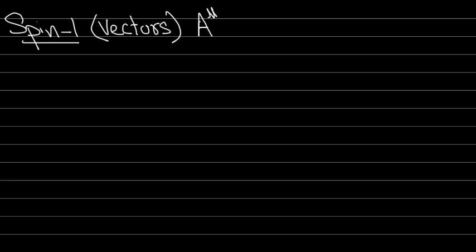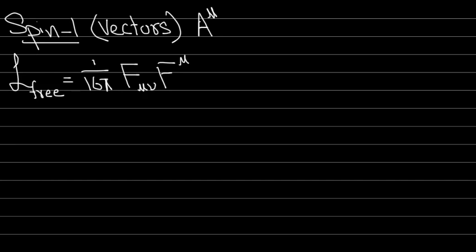Now for this we have the Lagrangian, that is this thing, 1 over 16 pi f mu nu f mu nu plus 1 over 8 pi times mc over h bar squared A mu A mu.